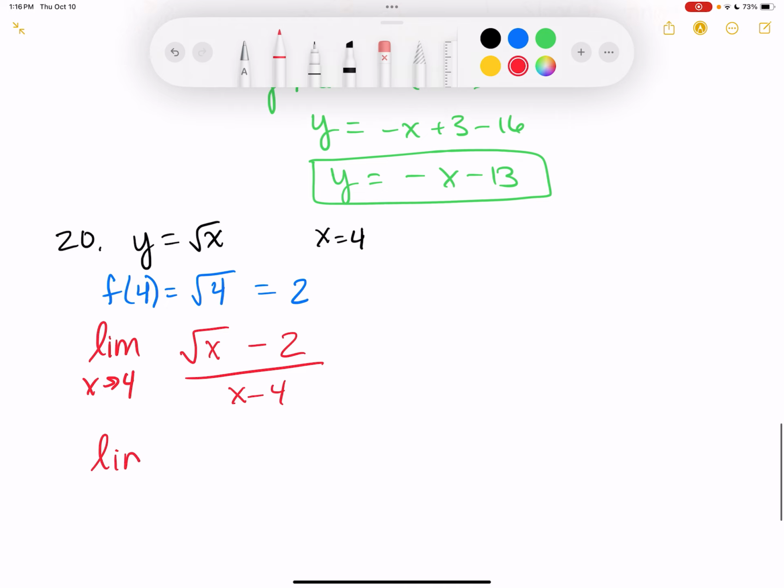The limit as x approaches 4 of square root of x minus 2. This right here is a difference of squares. Square root of x plus 2 times the square root of x minus 2.